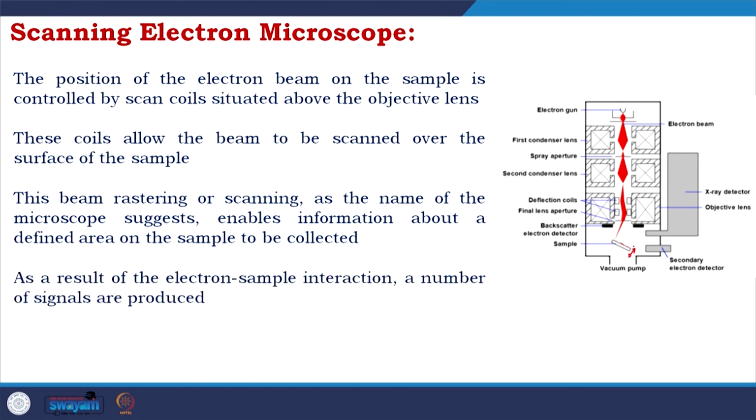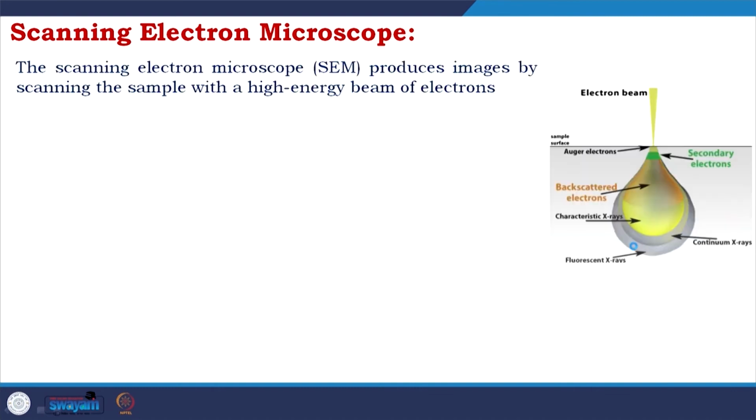As a result of the electron sample interaction, a number of signals are produced. These signals are then detected by appropriate detectors. The scanning electron microscope produces images by scanning the sample with a high energy beam of electrons.